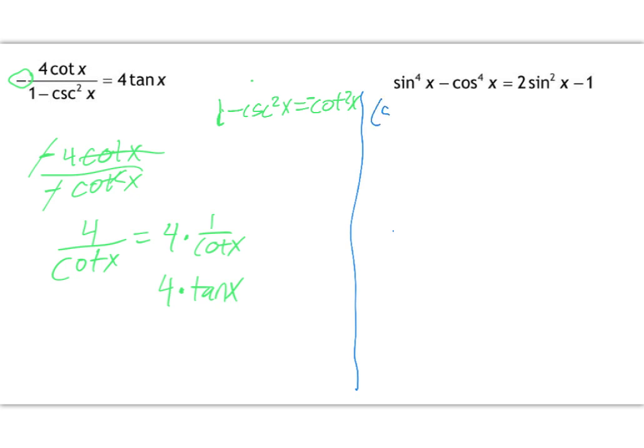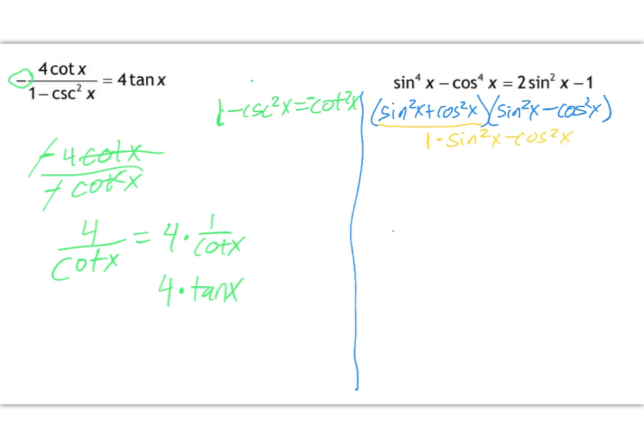So I could write this as sine squared of x plus cosine squared of x times sine squared of x minus cosine squared of x. The cool thing here is that our first piece is equal to 1. And then we got sine squared x minus cosine squared of x.